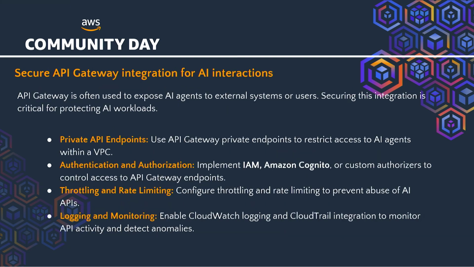Secure API Gateway integration for AI interactions. You can use this service, API Gateway, to monitor and log events. Again, enabling CloudWatch Logs and CloudTrail to monitor API activity and detect anomalies.